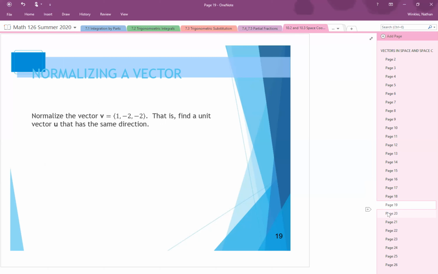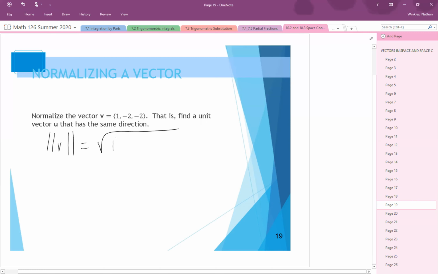So we are told here to normalize the vector v equals 1, -2, -2. That is, we want to find a unit vector that has the same direction. The first thing we need to find is the magnitude of v, which is the square root of 1 squared plus -2 squared plus -2 squared, which is the square root of 1 plus 4 plus 4, which is the square root of 9, which is 3.